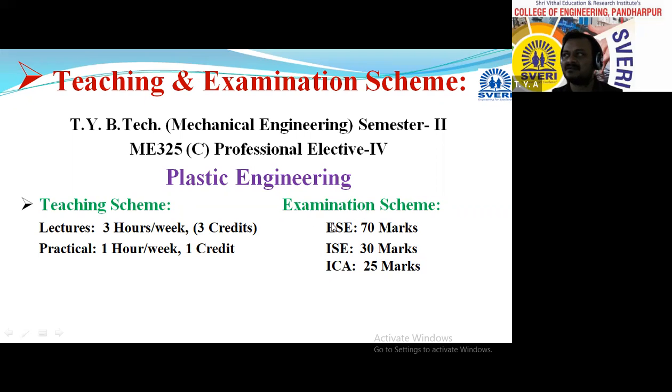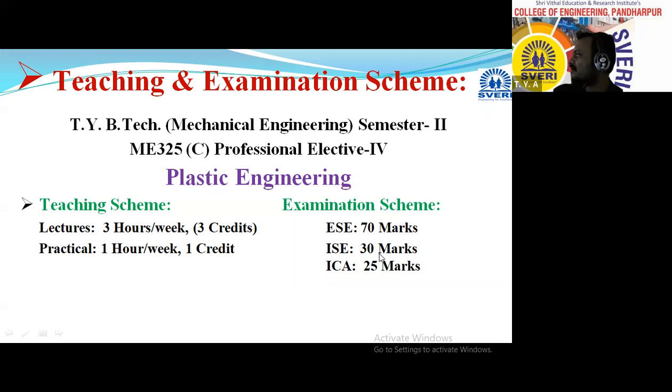First is ESE, your end semester examination. It will carry 70 marks and will be conducted from the university side. Then ISE, in-semester examination, 30 marks, which will be considered as the average.